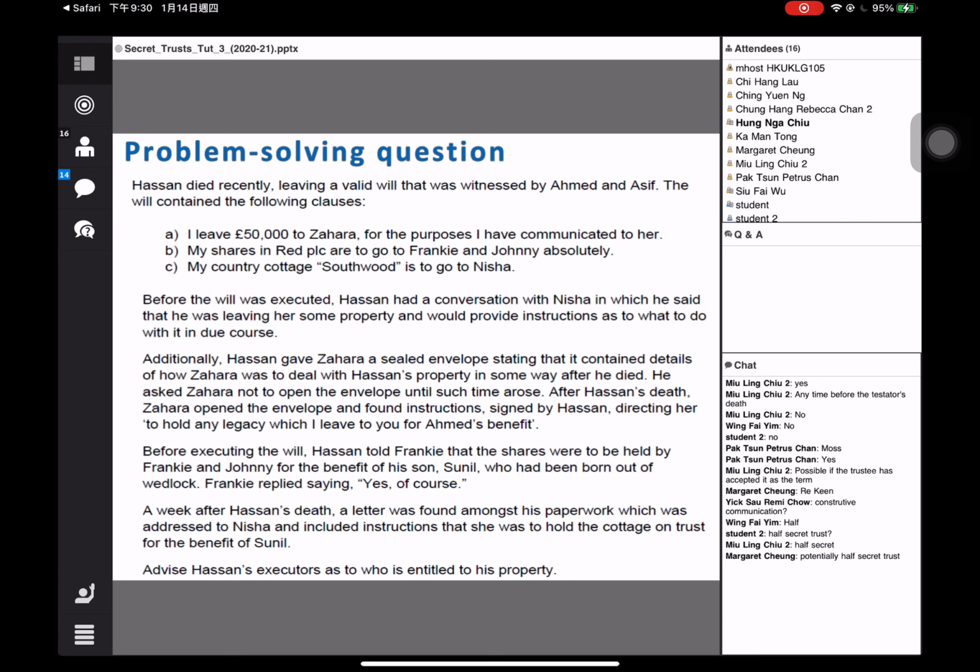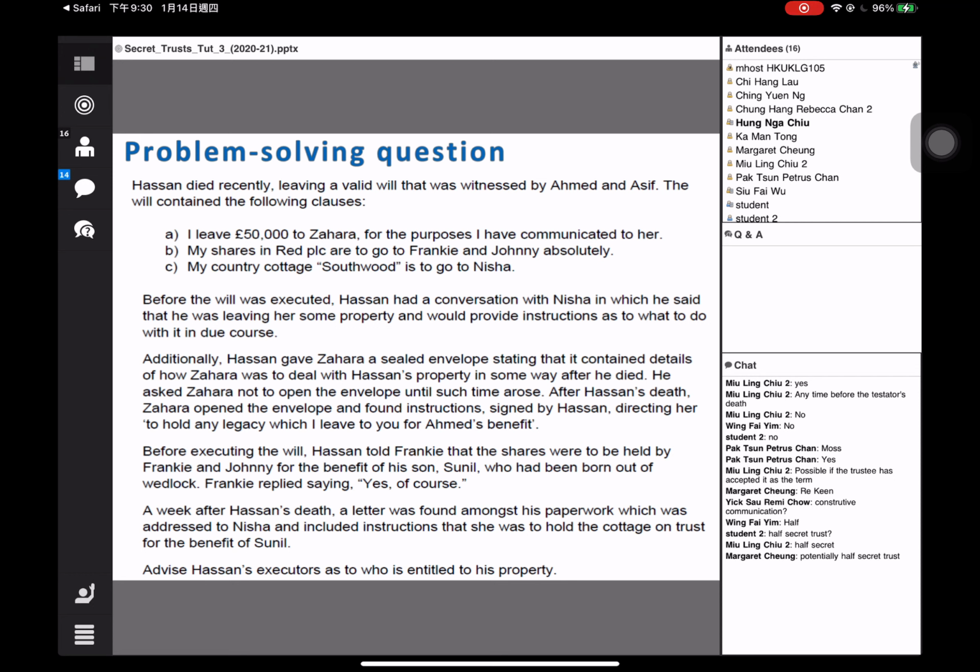We know that because its existence appears on the face of the will. We don't know the identity of the secret beneficiaries, but we know that the secret trust exists from the face of the will. So it seems to be a half-secret trust over this £50,000, and Zahara is the secret trustee.